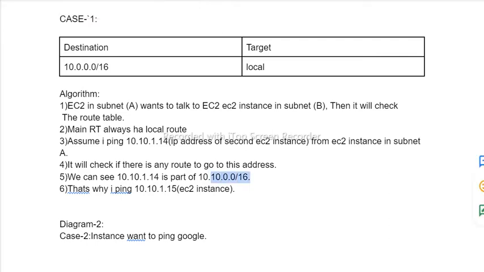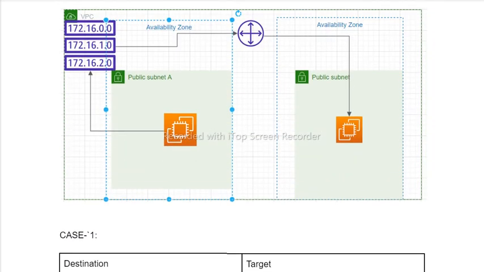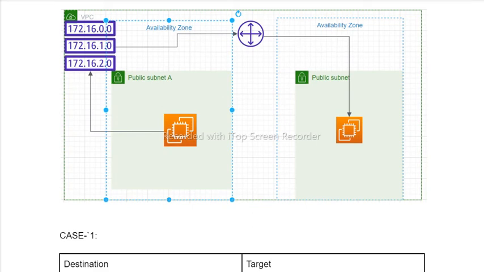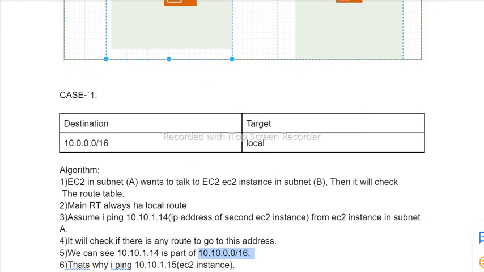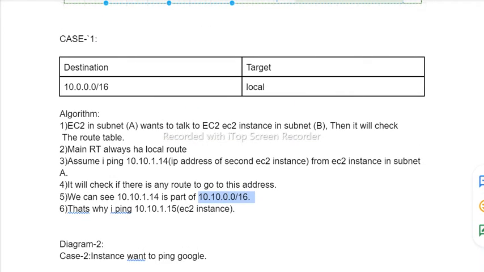What does it mean? It means basically this is the IP address range for this whole VPC. So that's why I ping 10.10.1. I'm sorry, it is 14.